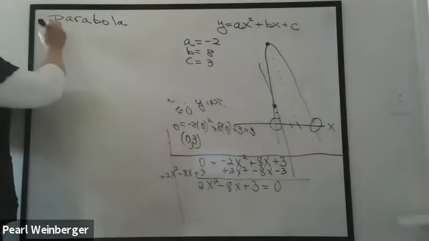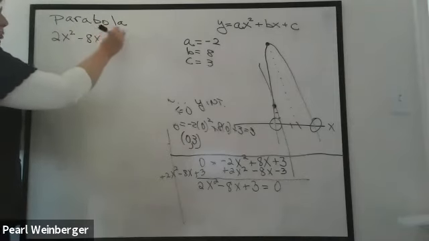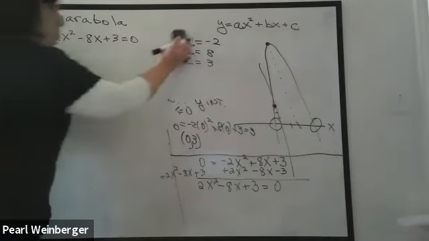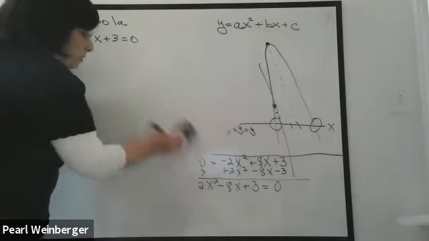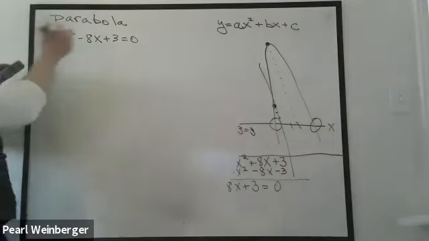The equation that we have is 2x squared minus 8x plus 3 equals 0. And I want to use the quadratic formula to solve it because I think it's good practice for us to know that also.